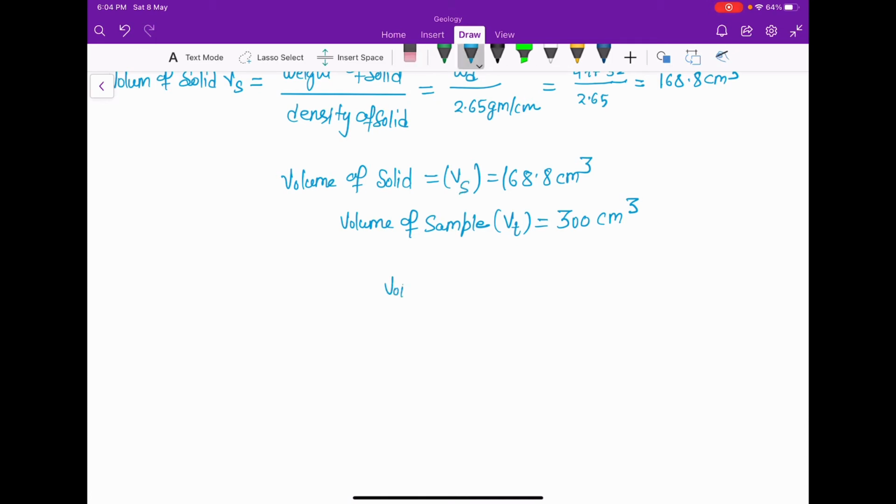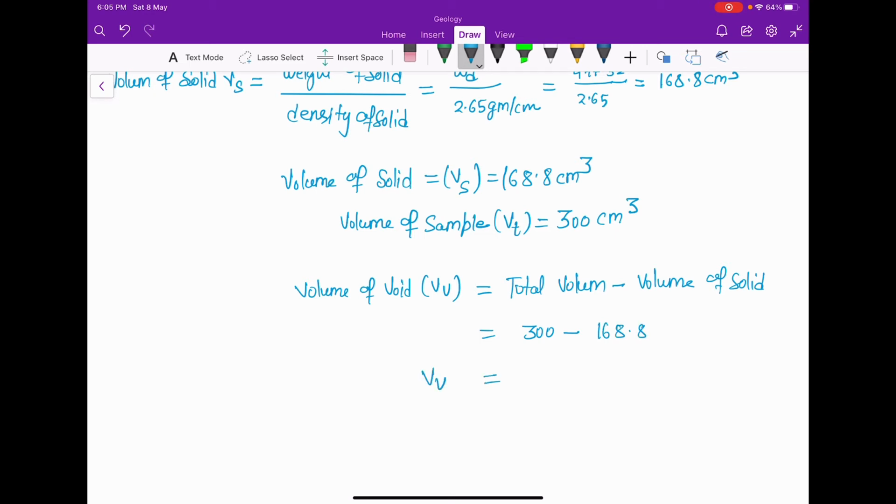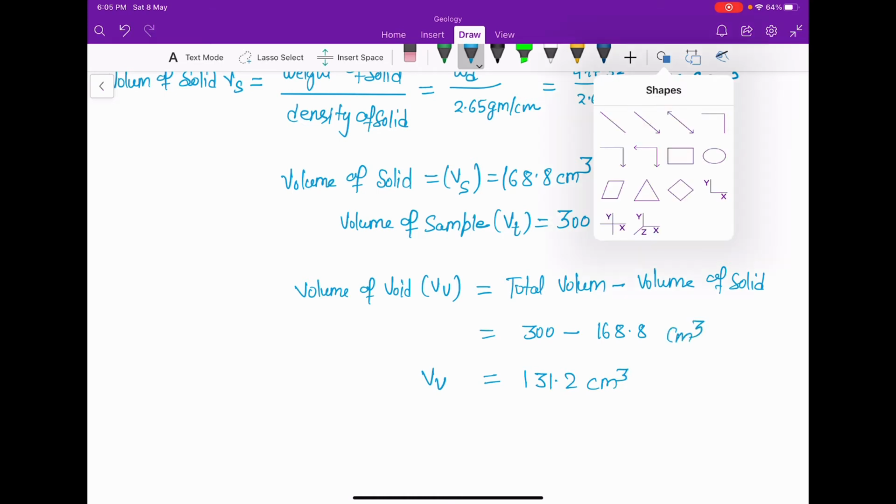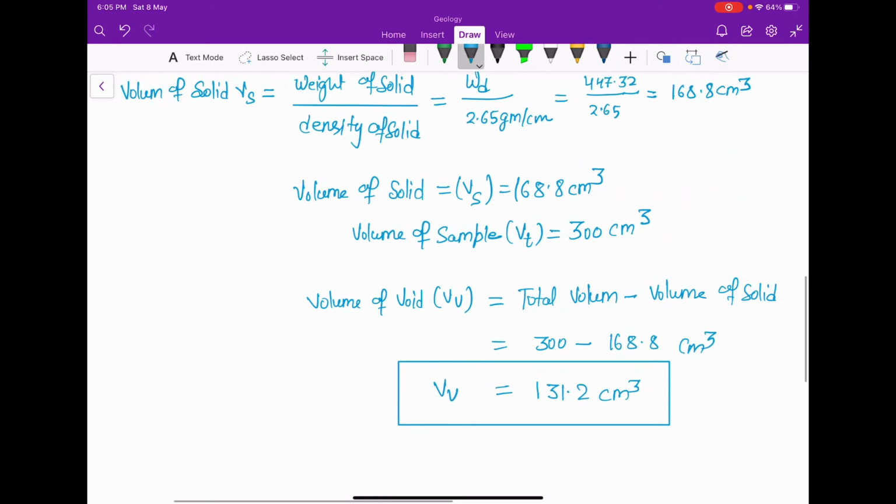So the volume of void, Vv, is equal to the difference of the total volume and the volume of solid. The total volume is 300 and the volume of solid is 168.8, so Vv will be 131.2 centimeter cube.